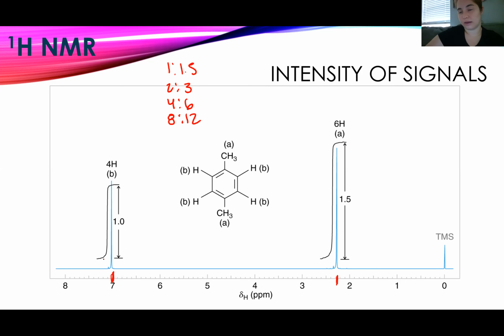What else can we say about these signals? They're single peaks. They are what's called a singlet because they are just one single peak. If something is a singlet, remembering that we get our splitting pattern from the N+1 formula, where N is the number of neighboring hydrogens, how many neighbors must each of these hydrogens have?